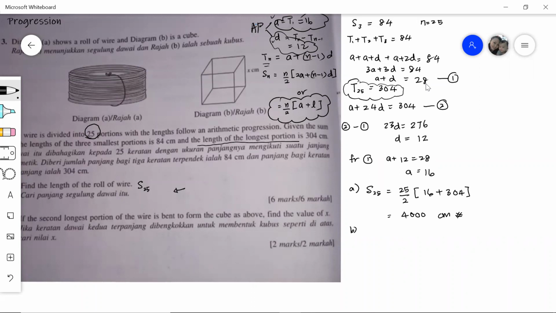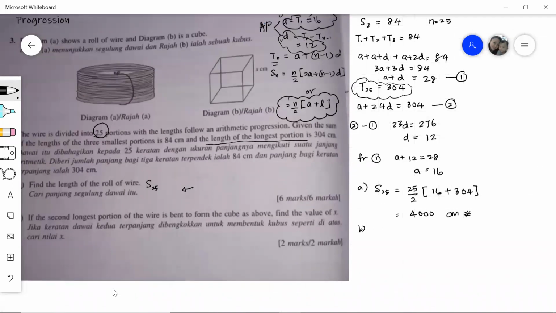Next, part B. The second longest portion of the wire, that will be T24, the 24th term, is used to bend the cube as shown in the diagram. So we need to find the value of x. Now all the sides are made up of the 24th term wire.